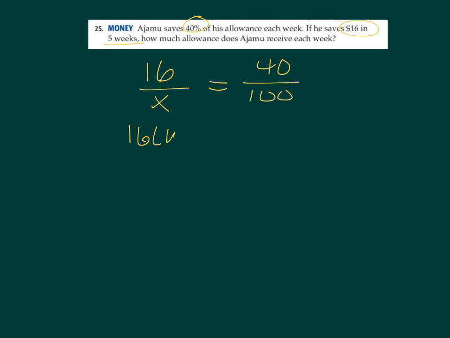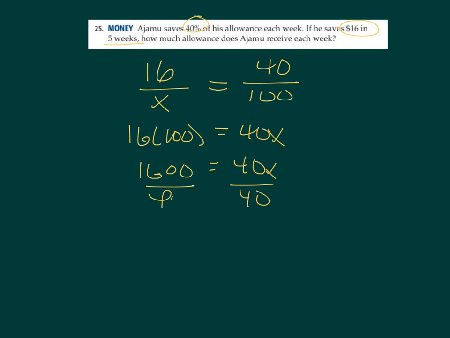We set up our cross products. 16 times 100 equals 40x. This is going to be 1600 equals 40x. Divide each side by 40, and we get 40 for an answer.